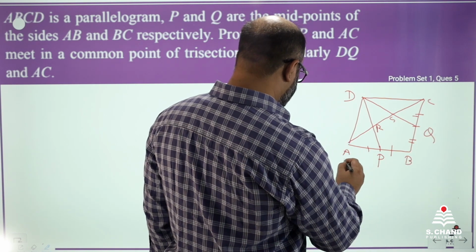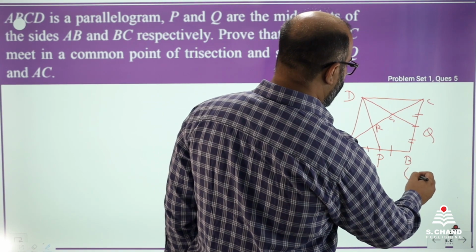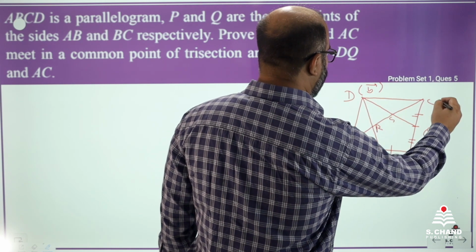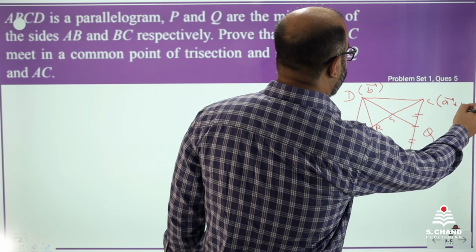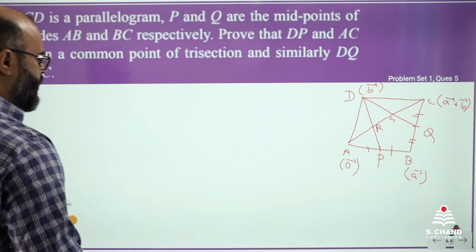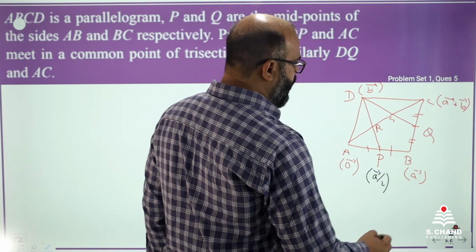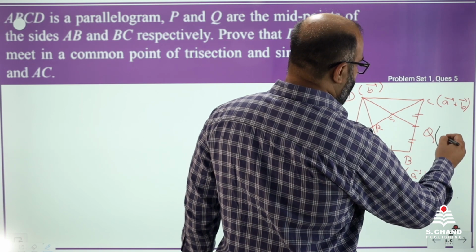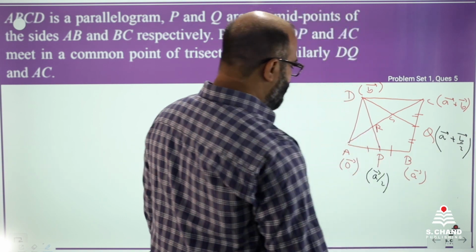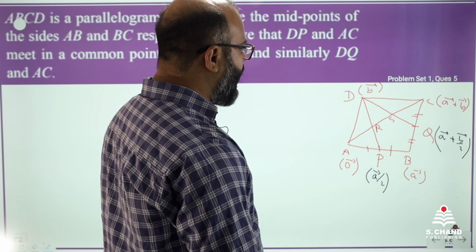Let us suppose this is the origin, this is the position vector A, this has position vector B, and this obviously has position vector A plus B. Now P, being the midpoint, has position vector A by 2, and this will be A plus B by 2 as the position vector. So this is how we can write it.